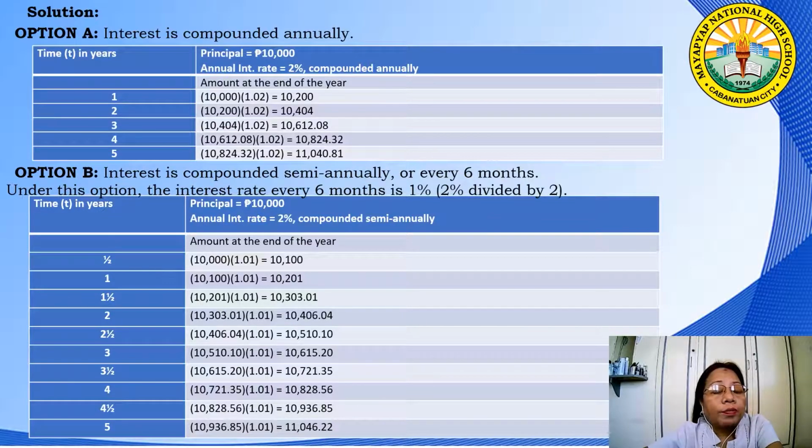After 1 year, 10,201. After 1.5 years, 10,303.01. And after reaching the end of 5 years, using that interest rate every 6 months of 1%, the amount at the end of 5 years is 11,046.22.